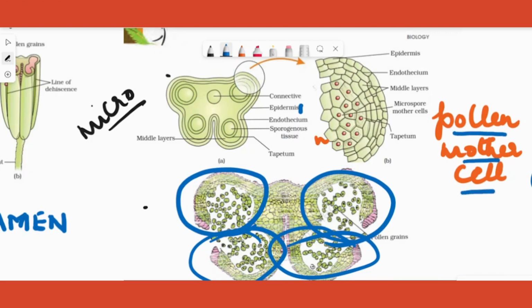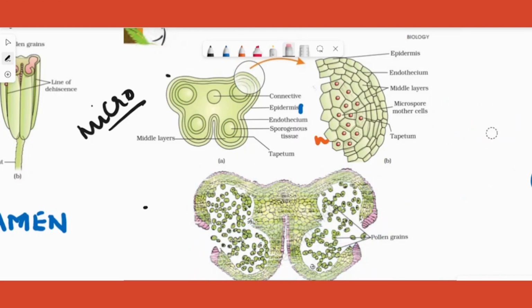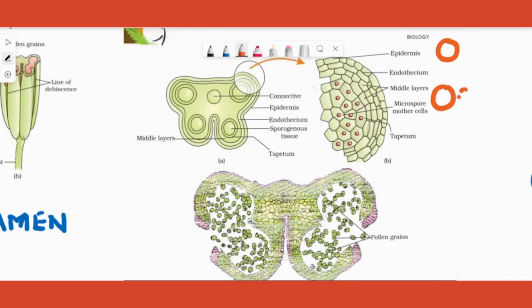Now we'll go to the process. What happens to these cells? These cells undergo a type of division called as meiosis. Alright, I hope you know the difference between mitosis and meiosis. Mitosis is the equational division wherein if only one cell was there, after mitosis it will become 2 in number with the same number of chromosomes.